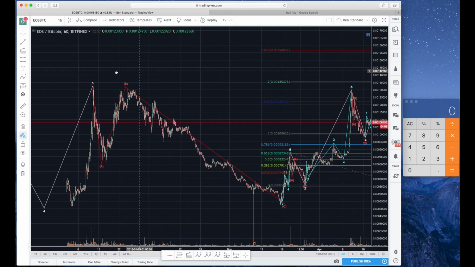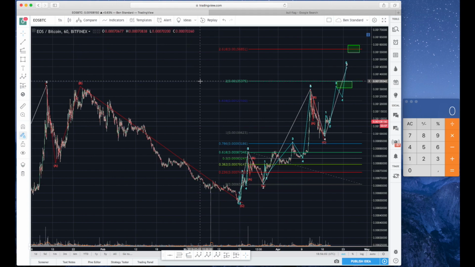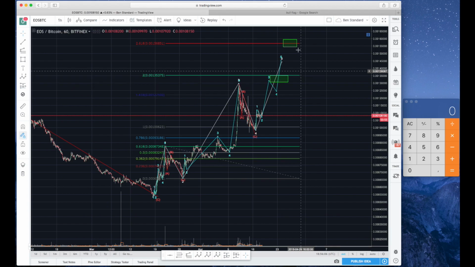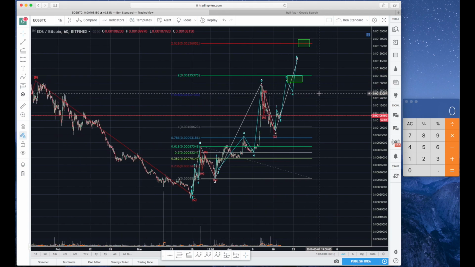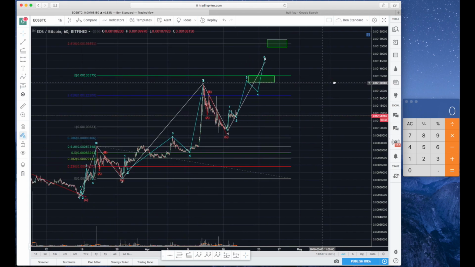But when I set targets, I usually go for the lower target around the resistance areas because I don't want to have too high expectations. So we can check if this target setting is correct.